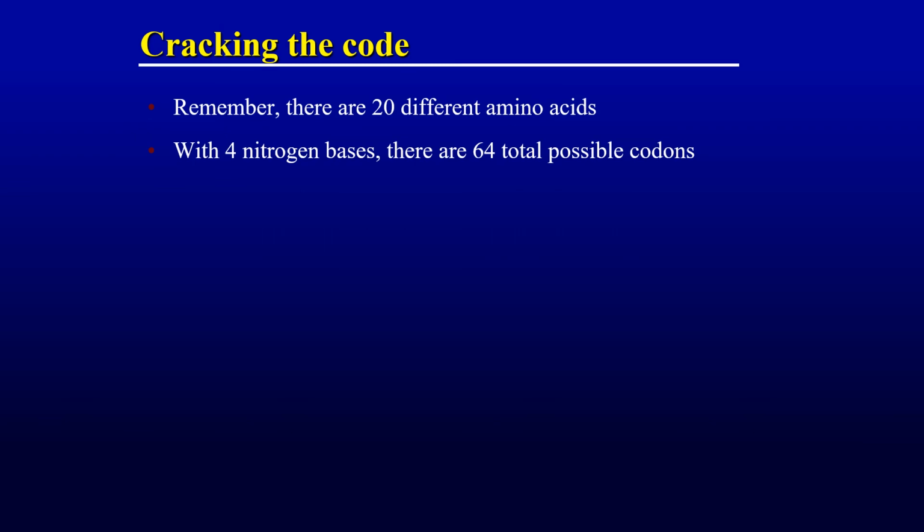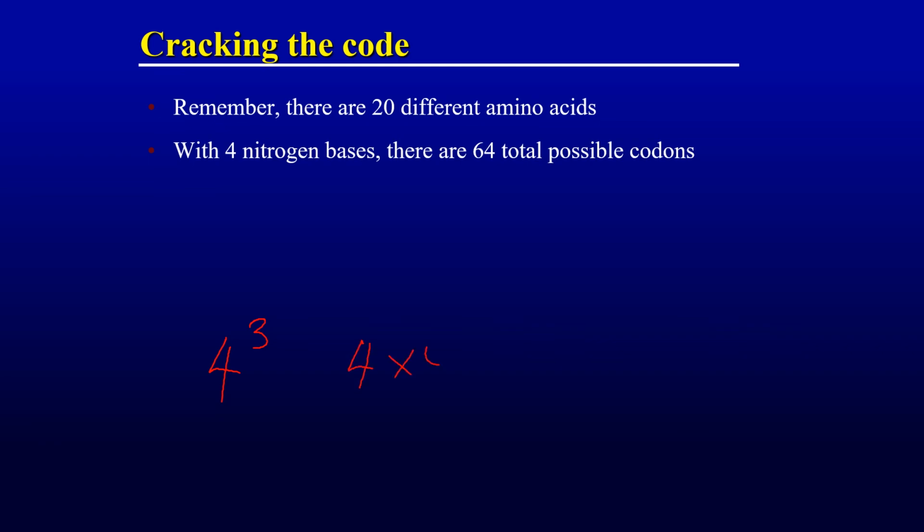Okay, so I want you to remember that there are 20 different amino acids, and there are 4 nitrogen bases. So with 4 nitrogen bases, that means we've got a total of 64 possible codons, because it ends up being 4 nitrogen bases to the power of 3, because there are 3 bases in a codon.